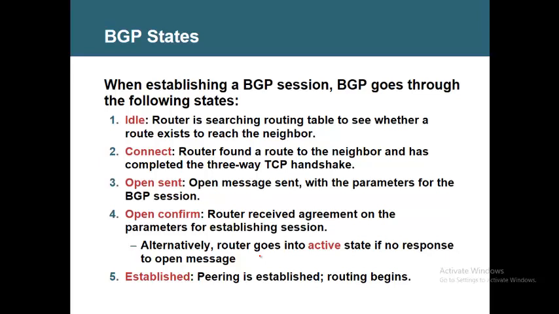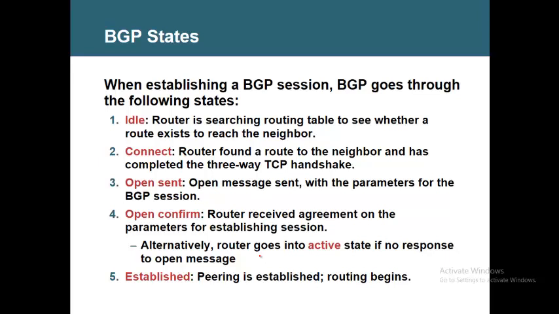Notification is sent whenever there is an error in the BGP path. And the last one is update. Updates are sent whenever there is a change in the attribute. See, an error and an attribute change are different. Whenever there is an error, it is a notification. Whenever there is a change in the attribute, it is an update. Those are the message types.